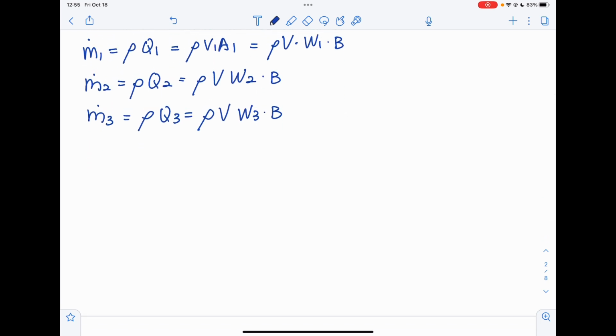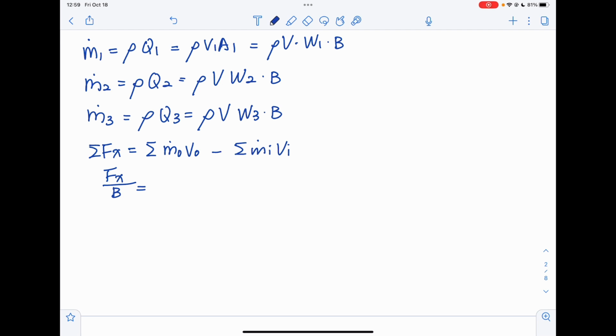So with the information here, now we can use the momentum equation, which says Fx equals the sum of the mass flux moving out times the velocity moving out, minus the mass flux moving in times the velocity moving in. And we are asked to find the Fx per unit width, so the equation is something like this.